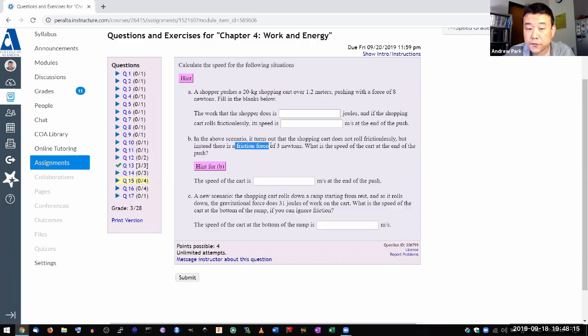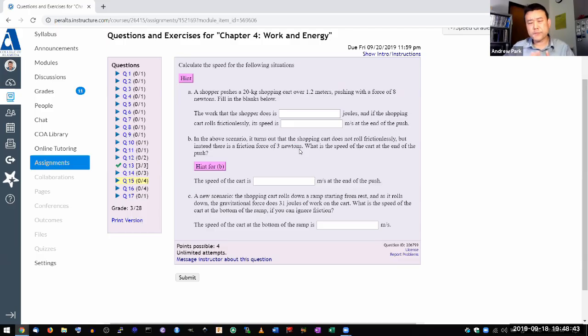Here with friction force, instead of telling you that the shopping cart is moving at a constant speed, here actually the shopping cart speeds up. And so you are actually just given the magnitude of the friction force. So maybe I should go over it.